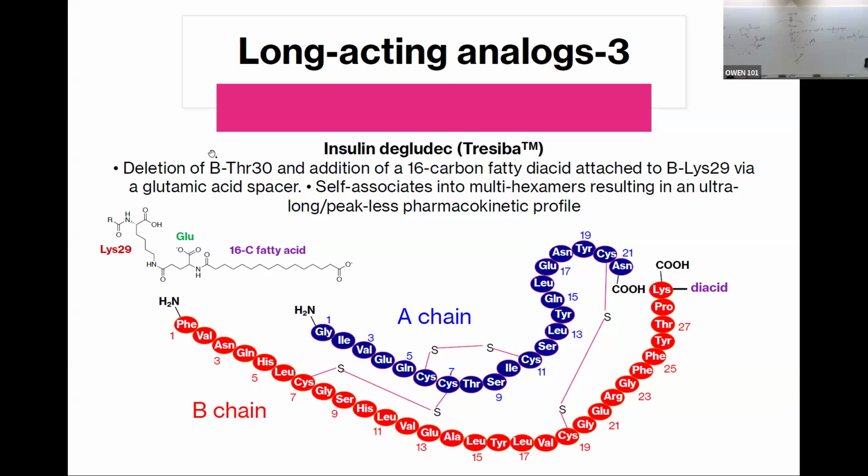Glutamate. The N is actually from lysine, right? So this is glutamic acid. So this is glutamic acid, but if you change this to NH2, that's glutamine. But this NH2 here does not come from this, but rather comes from the lysine itself. All right, so that's why it's glutamate and lysine.